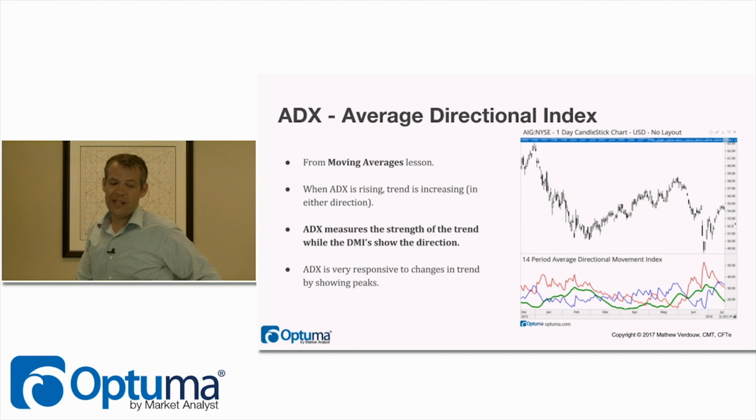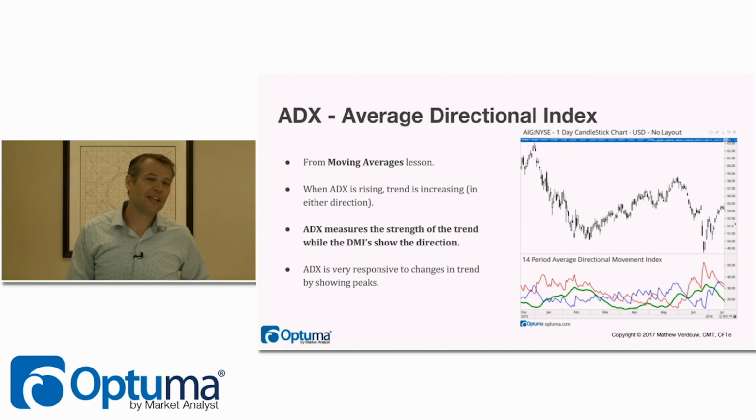ADX is another fantastic oscillator. We use this in the moving average lessons as well, but again, it's a common oscillator that we use. Just touching on that, when the green line is rising, this one's a little bit different. Most of these oscillators, if price is rising, the oscillator is rising.